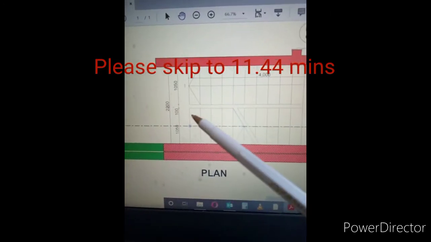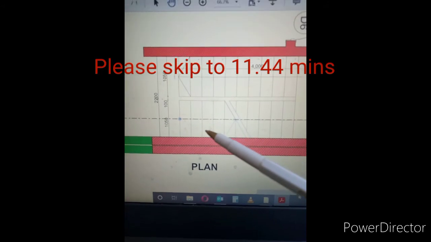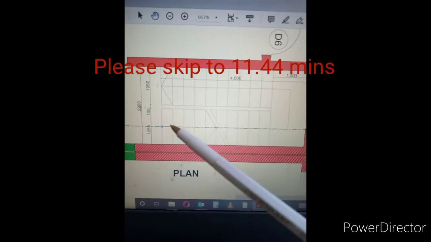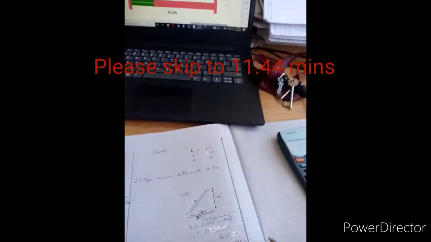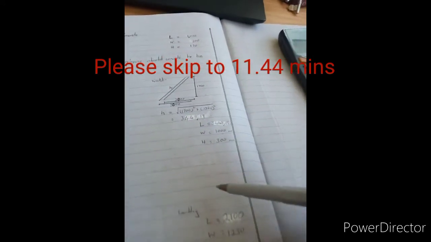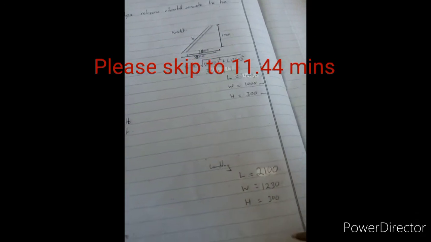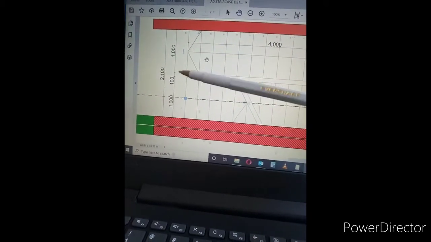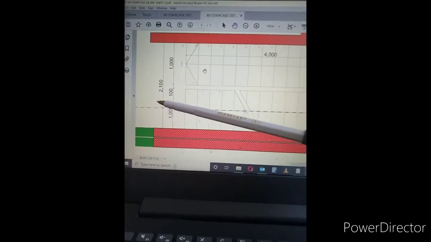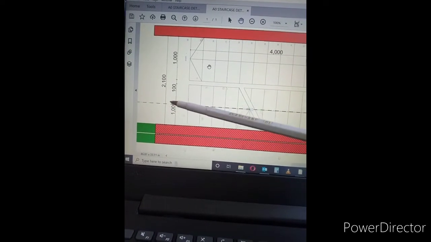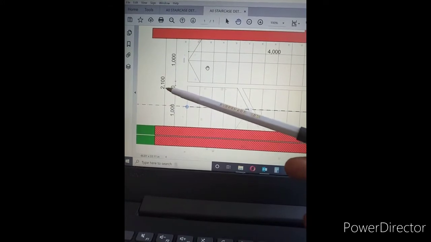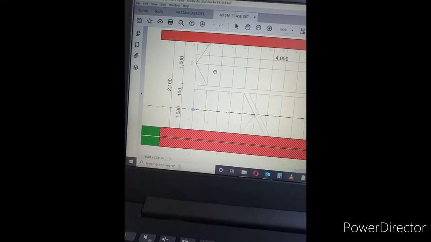So that's our length for the landing. I also copied the wrong measurement. Actually, it was a wrong plan. I think this one was edited. I used this one for the calculation, which is 2100.